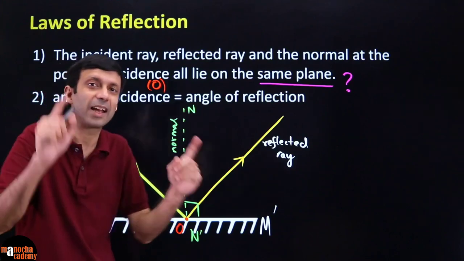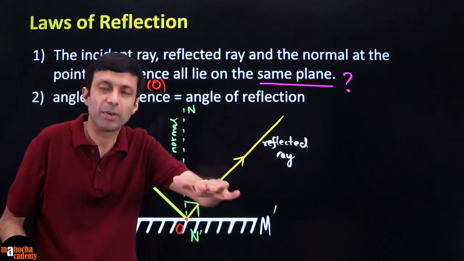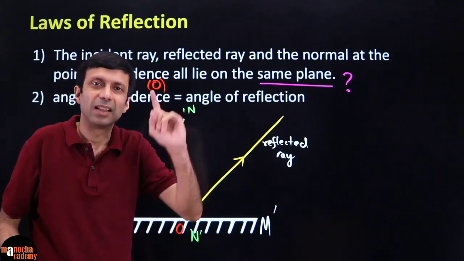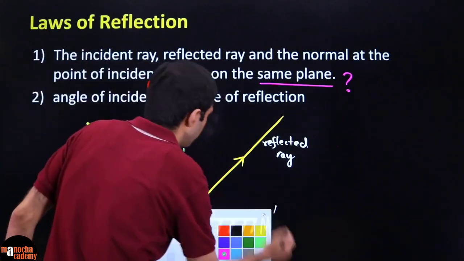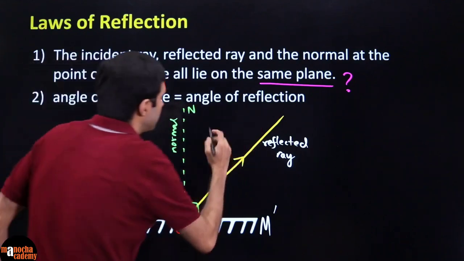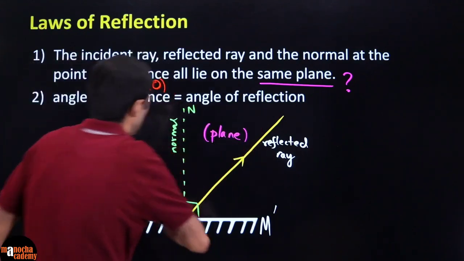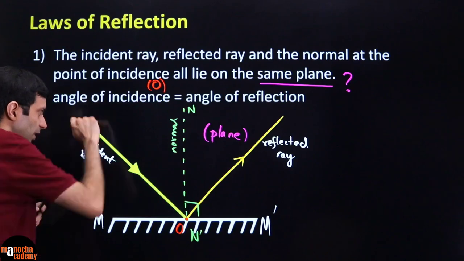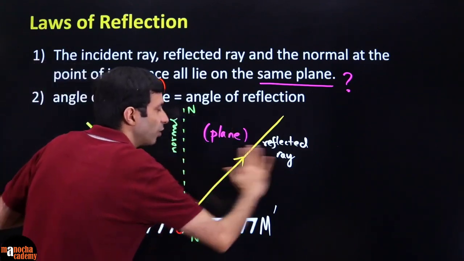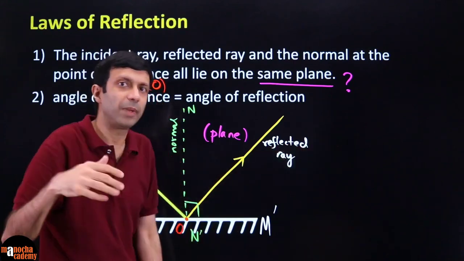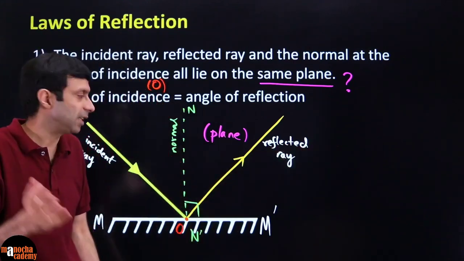Or if you draw this diagram on your paper, it is your paper, your copy, right? That paper is the flat surface. So when we are talking about the plane, it is this whole area. This is our plane. Because can you see the incident ray, the normal and reflected ray are all lying on this flat digital board. What does it mean that they are in the same plane?